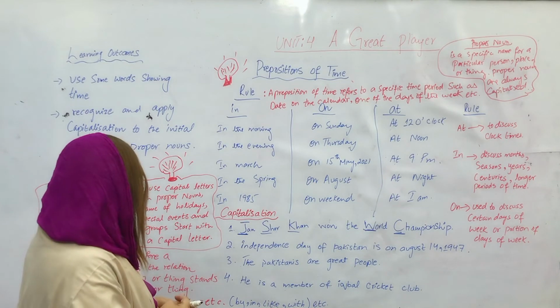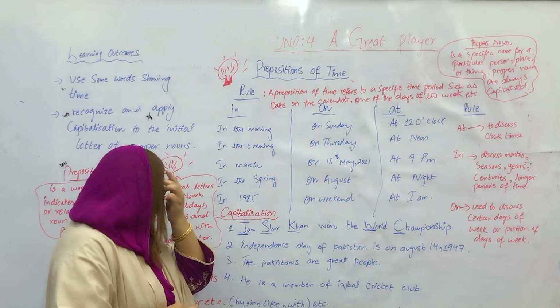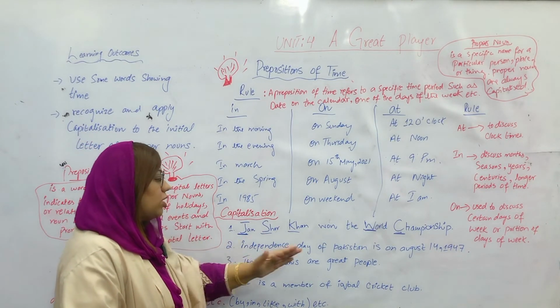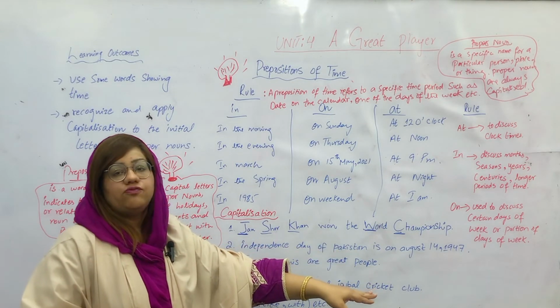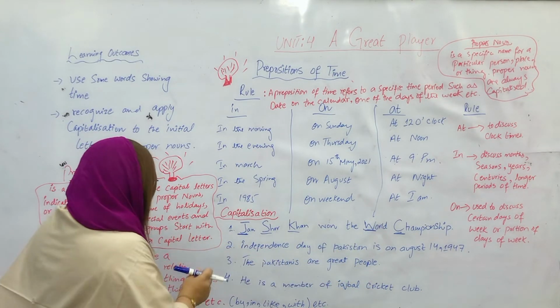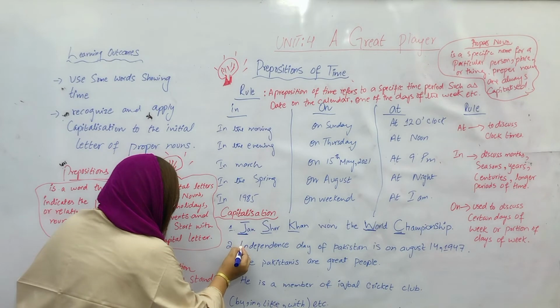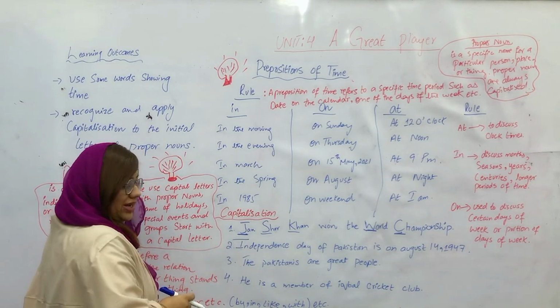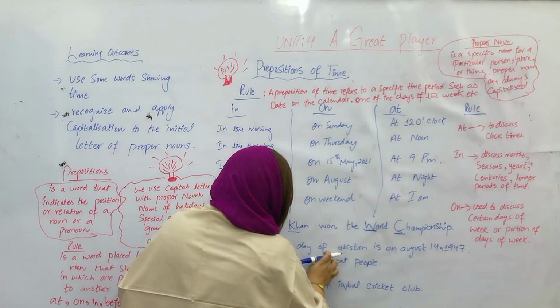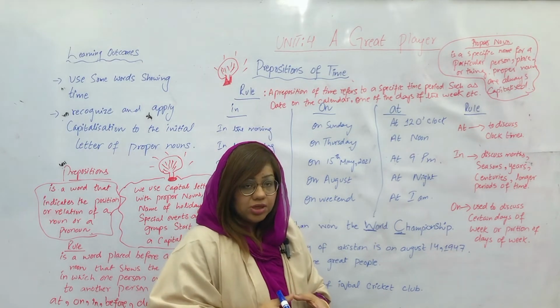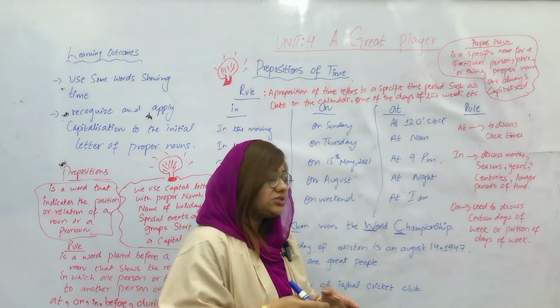In number 2, Independence Day of Pakistan is on August 14, 1947. Independence is an important word and must be capitalized. Day of Pakistan: Pakistan is an important country, a place, so the P needs to be capitalized.